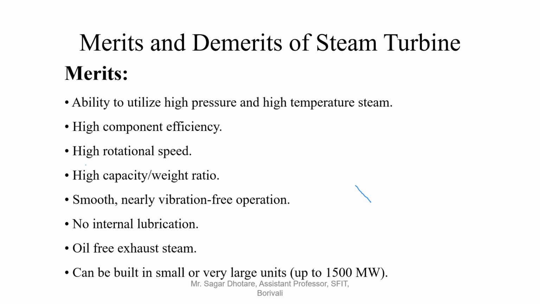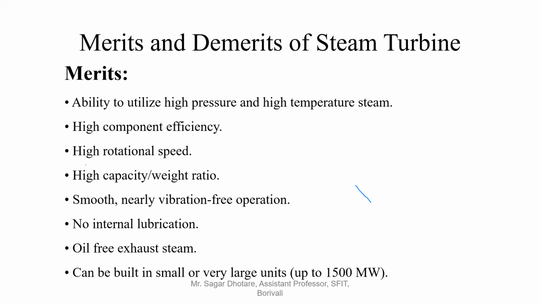Now the steam turbine has the advantage that high component efficiency is to be considered. Then it has a high rotational speed, as I just said, that it can rotate up to 20,000 to 30,000 rpm.